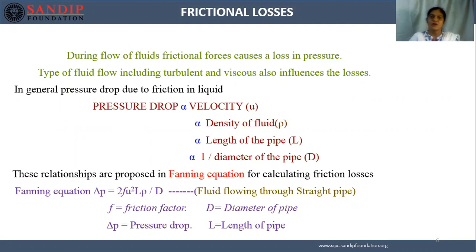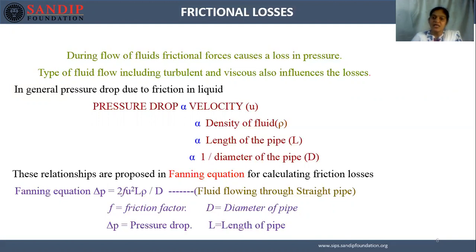Now, generally the pressure drop occurs due to friction in the liquid. The pressure drop is directly proportional to the velocity, density of the fluid, length of the pipe, as well as 1 upon the diameter of the pipe, and all these parameters are utilized in the Fanning equation.